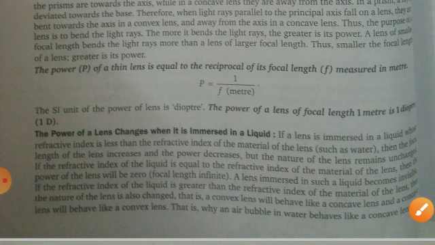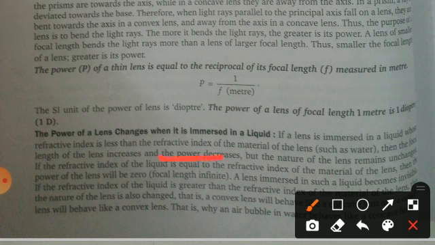So the power of the lens changes when you immerse it in the liquid, but its nature remains the same: a concave lens still behaves like a concave lens and a convex lens like a convex lens, but its power will change. If the refractive index of the liquid is equal to the refractive index of the material of the lens, then the power of the lens will be 0, or the focal length is infinite.